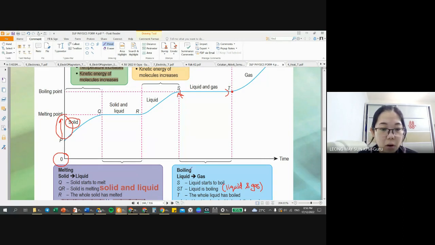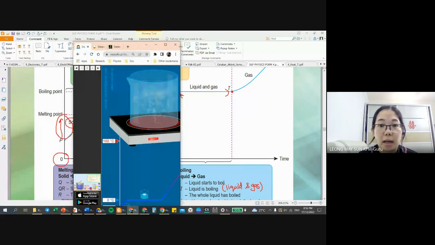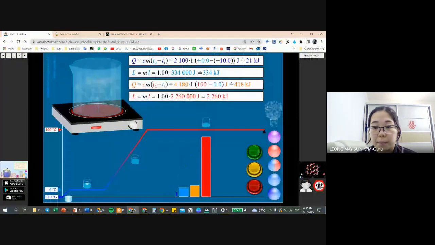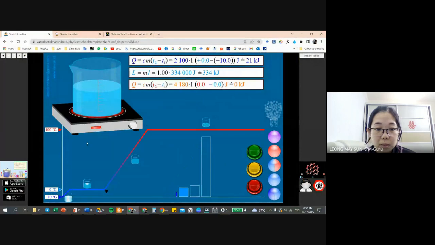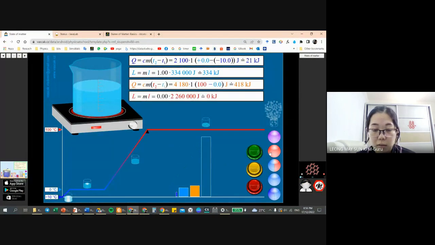If you recall the simulation that I had just now, for those who just came in, at this position the liquid starts to boil, and the temperature continues. So when you're cooking your Maggi or heating up the water, when the water temperature is not high enough, you use the stove and boil it.